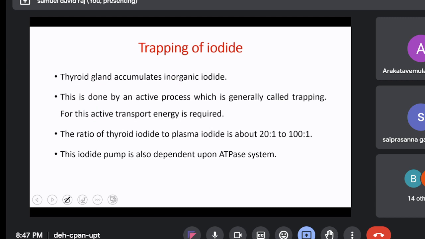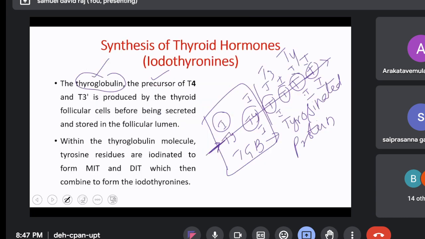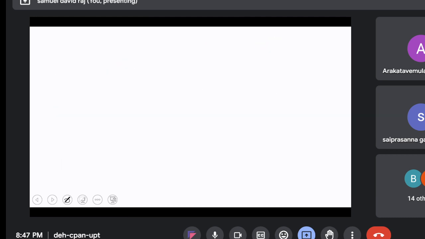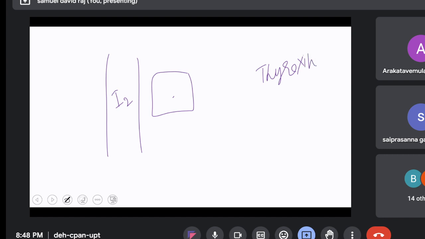Coming to the synthesis of hormones, sequentially, the first step is trapping of iodide. When we see a thyroid gland, this is the thyroid follicular epithelial cell to which blood is supplied. In the blood, when we take food, the food contains iodine. Previously, when I was studying, I studied that the thyroid gland secretes only thyroxine.